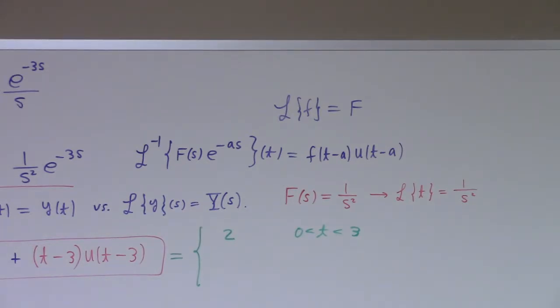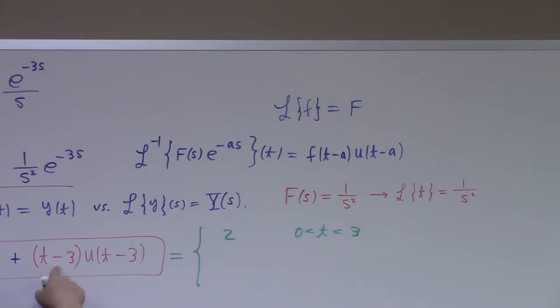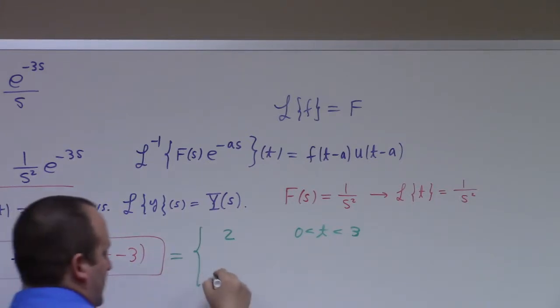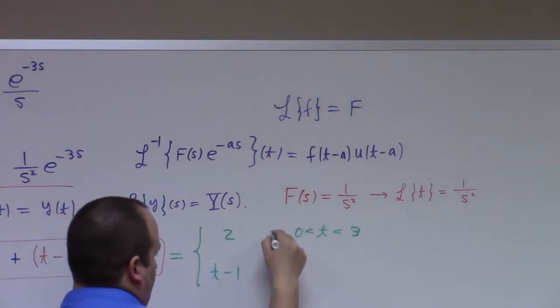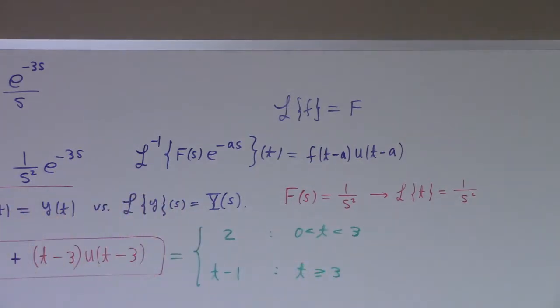That's built in. And then if t is bigger than 3, this is 1, right? So you get t minus 3 plus 2, you get t minus 1, which of course is the same thing that we derived just through basic calculus and pasting things together. But I would point out to you that this is a far more elegant solution.